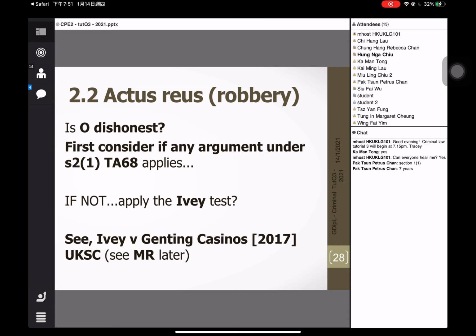Section 2 of the Theft Act 1968. First of all, is there any argument under Section 2(1)(a), (b), (c)? So (a) is an honest belief in a claim of right, and (b) is an honest belief that the owner would have consented to the appropriation had the owner known of the circumstances of the appropriation.